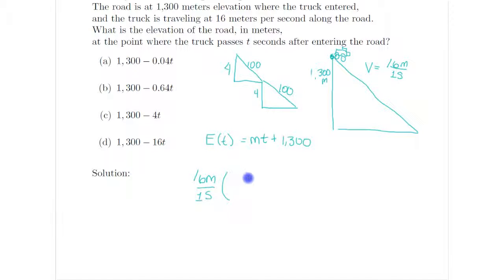So that means that to be able to cancel meters, I need to invert this. So let me erase this and write it as 1 second per 16 meters. And that I'm going to multiply by 100 meters because I want to find the time that it takes to reach 100 meters, right?